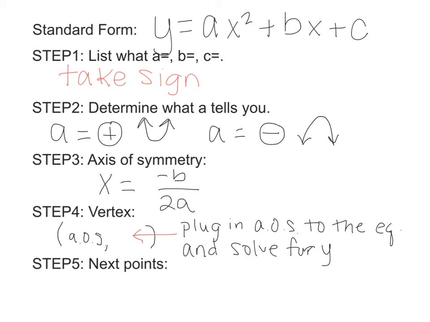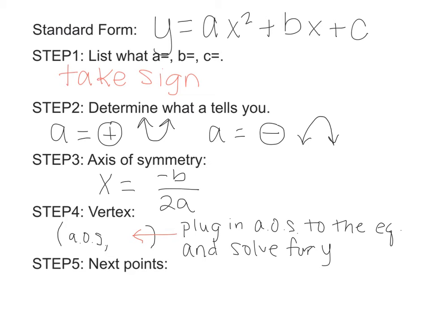Finally, the last step that we have in graphing standard form is to find our next points. We need more than just the vertex to know what the shape of this graph is, how quickly it's going up or down, and just where this parabola is headed.